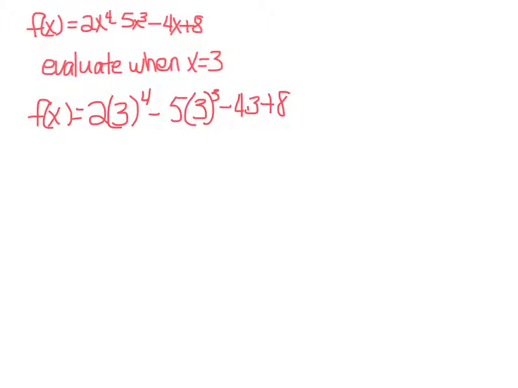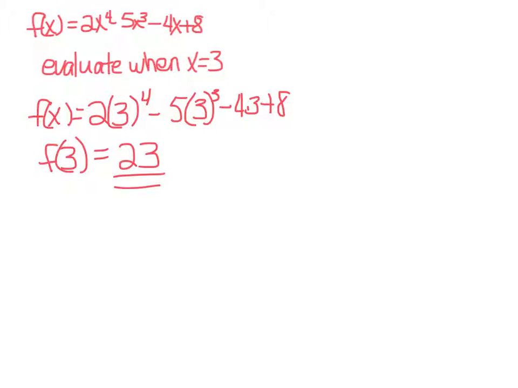You can put that straight in your calculator, and when you do that, you will find that f of 3 equals 23, which means that when x is 3, y is 23. That is your answer.